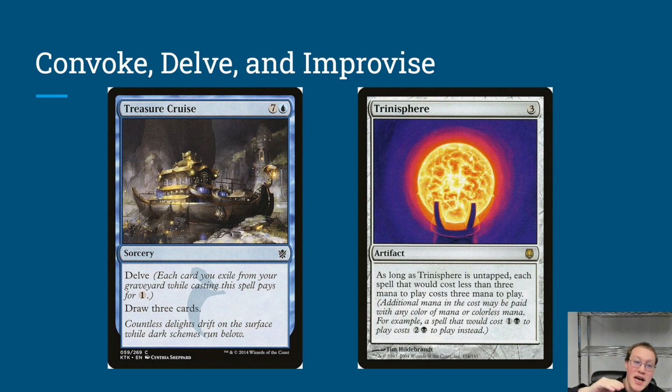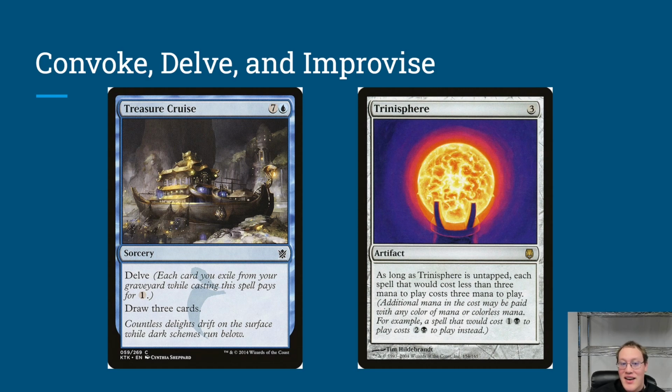And then we get to the step after Trinisphere, which is where we actually have to pay the cost. And because we're paying this cost of a card that has Delve, any mana that's colorless mana or generic mana in this cost is going to be payable by either the normal boring paying mana out of your mana pool, or the exciting new exiling cards out of your graveyard.